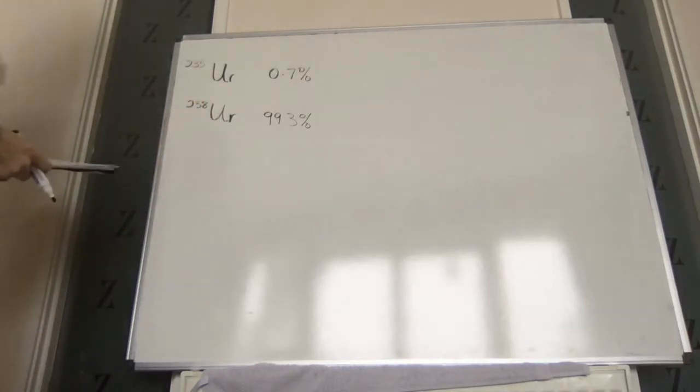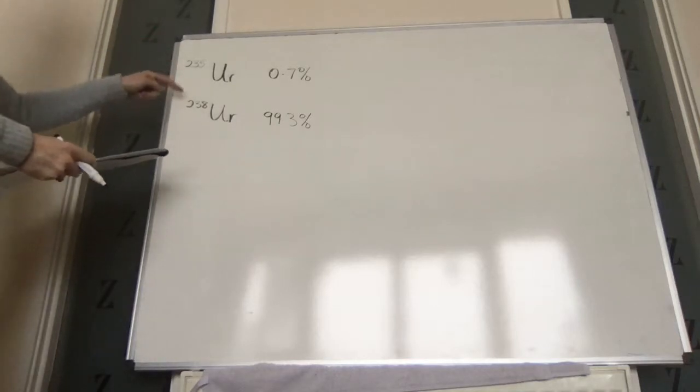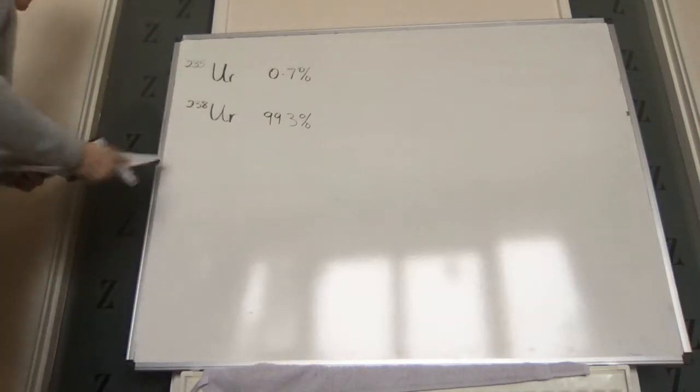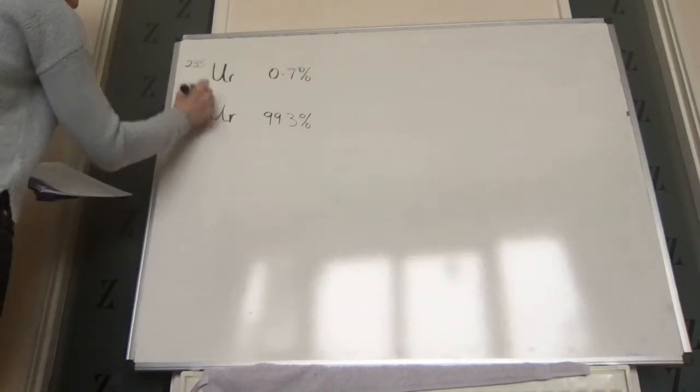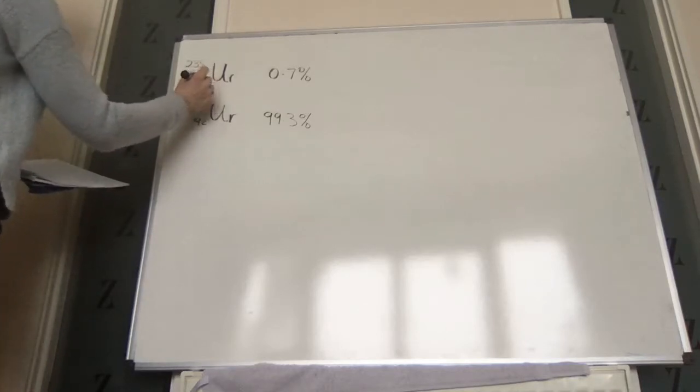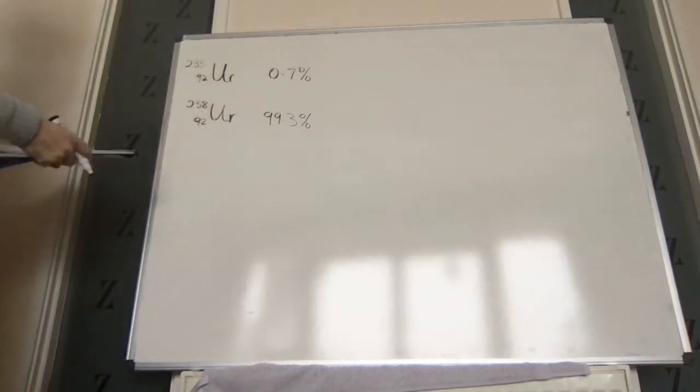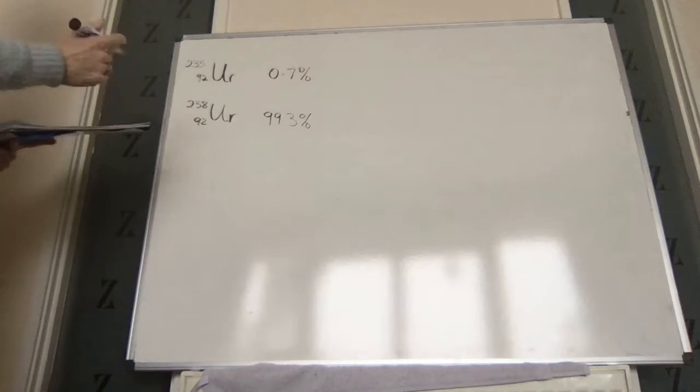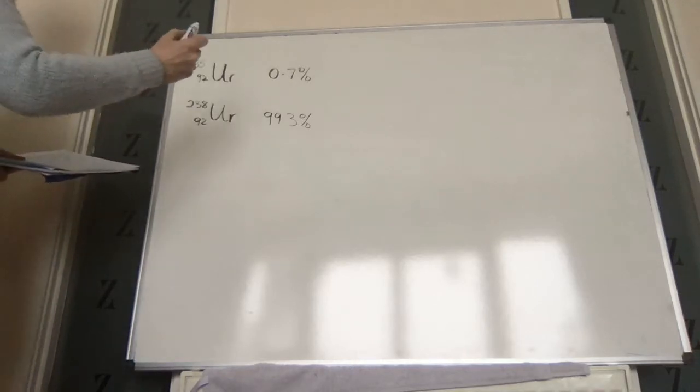Now, there are two isotopes of uranium. Obviously, 92 is what's identified as uranium, 92 protons.